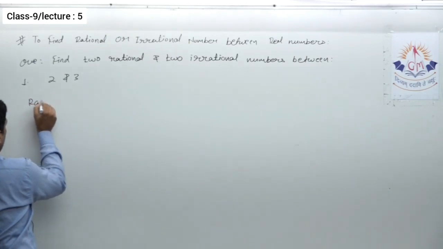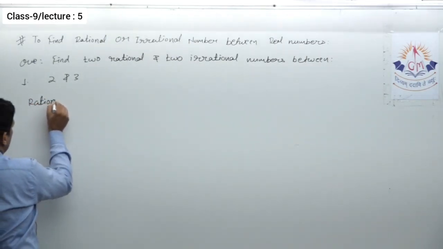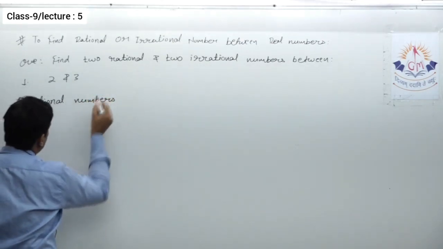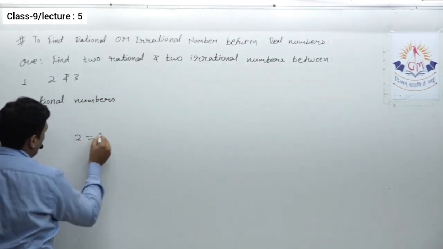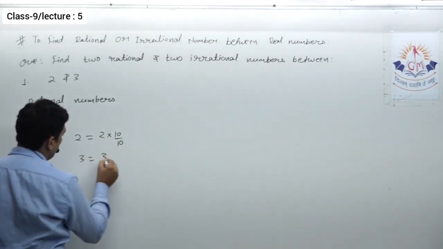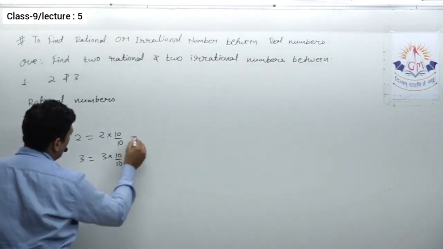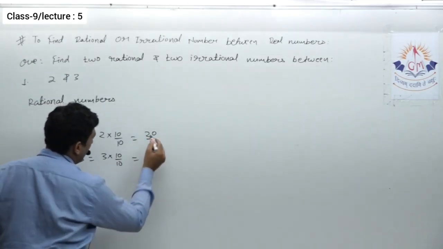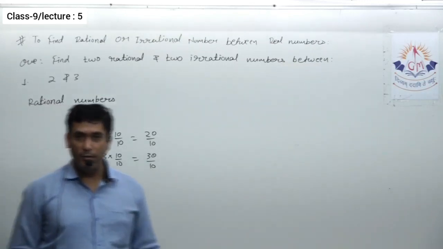So first I will write rational numbers. Definitely I can write, see, first of all this is 2, so 2 into 10 upon 10, then 3 is equal to 3 into 10 upon 10, then this will become 20 upon 10, this will become 30 upon 10, and then I can write 21 upon 10, 22 upon 10.